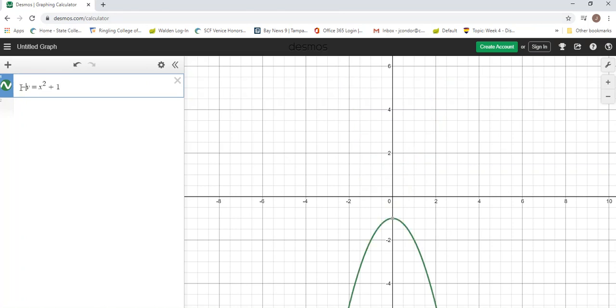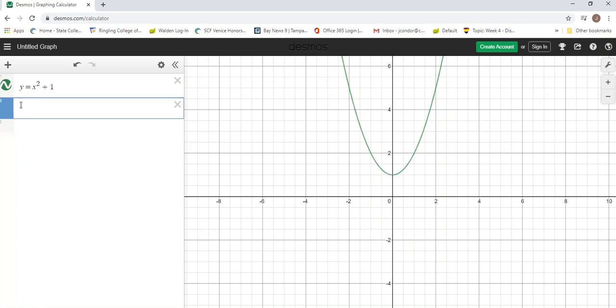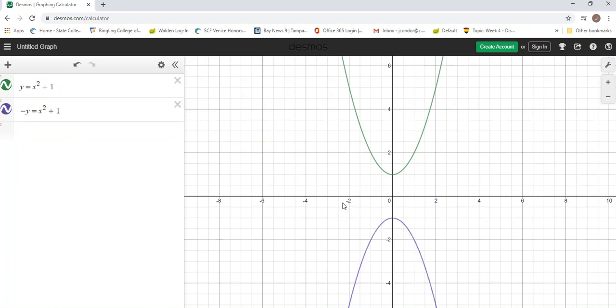Oh, so I got the reflection now. So you take that back out. I'll put the same equation in. Put the negative in front of this one. And now we have symmetry with this design so far. You can add other stuff or whatever to it. So we got that.